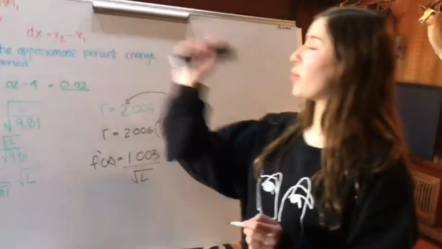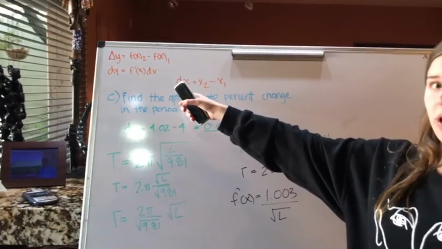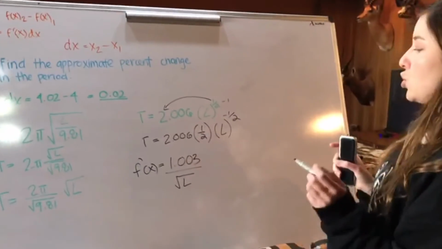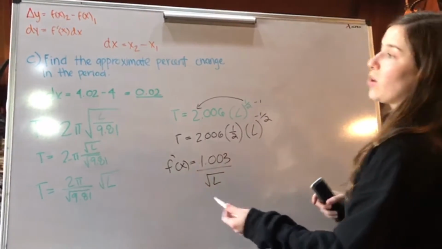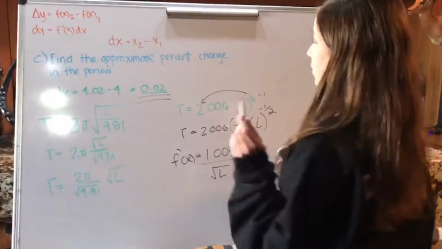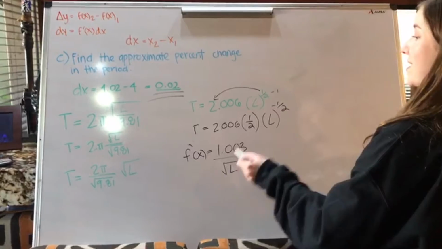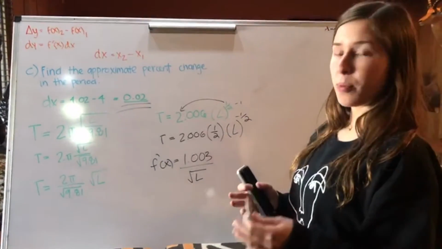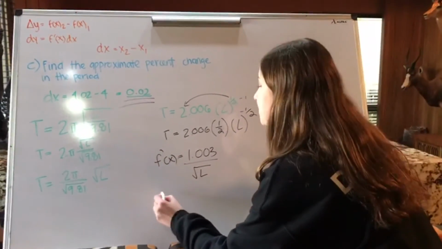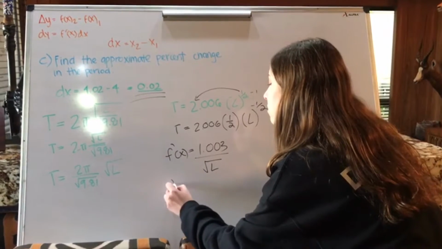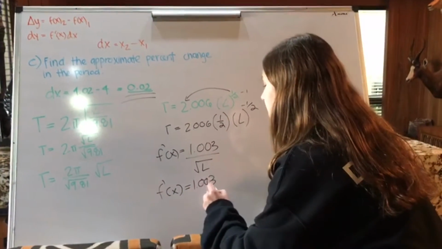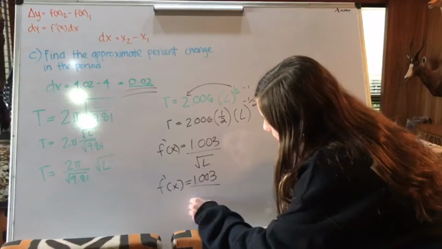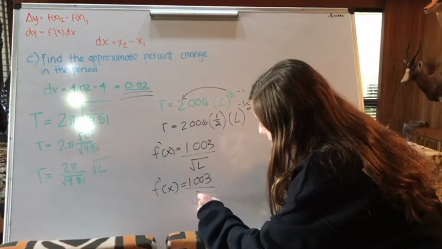Now, as the formula says, for the dy of approximation, we need to multiply this by the dx, and we know that dx is 0.02. The length given in the problem is 4, so L is 4.